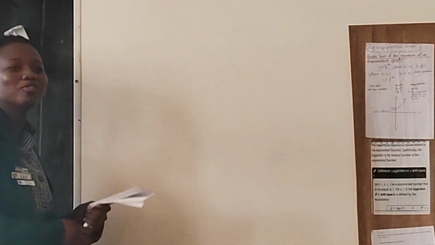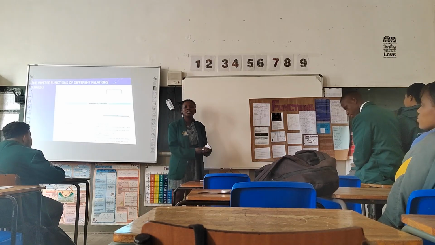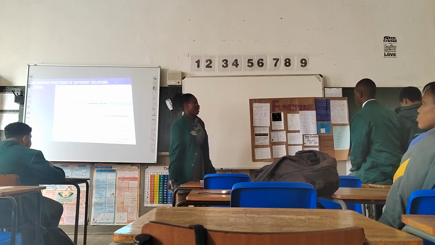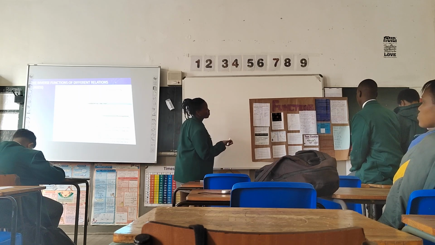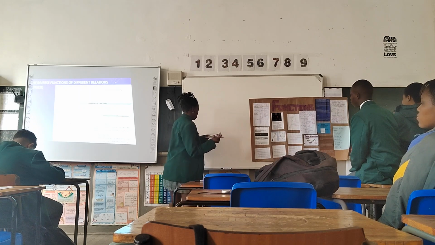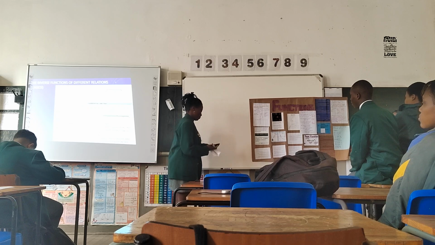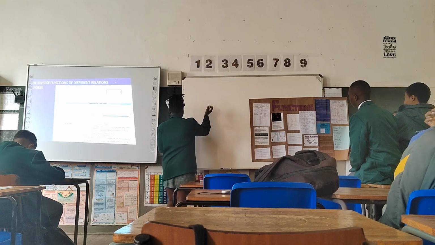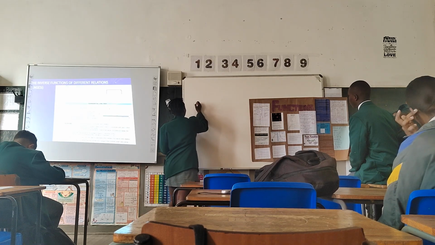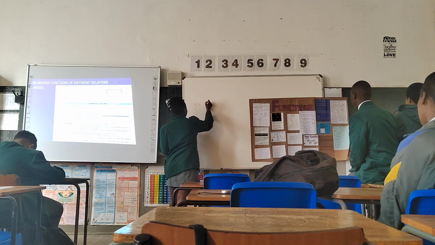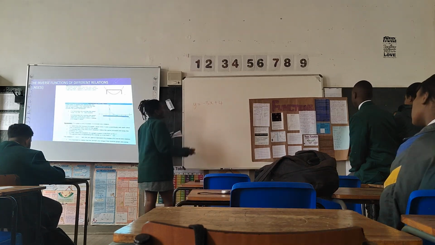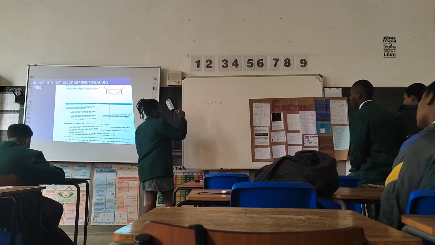I'm going to be doing a few examples on how to determine the inverse of a linear function in terms of y. The first one, we have given y = 3x + 4. The first step, we have to swap our x and our y.